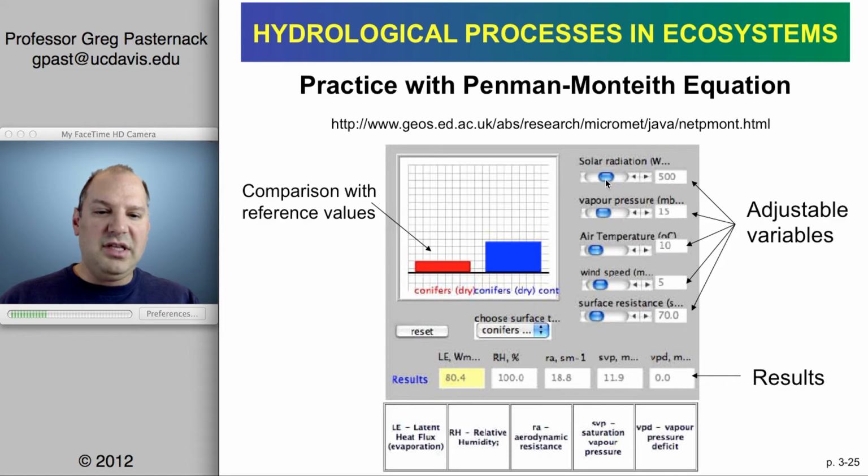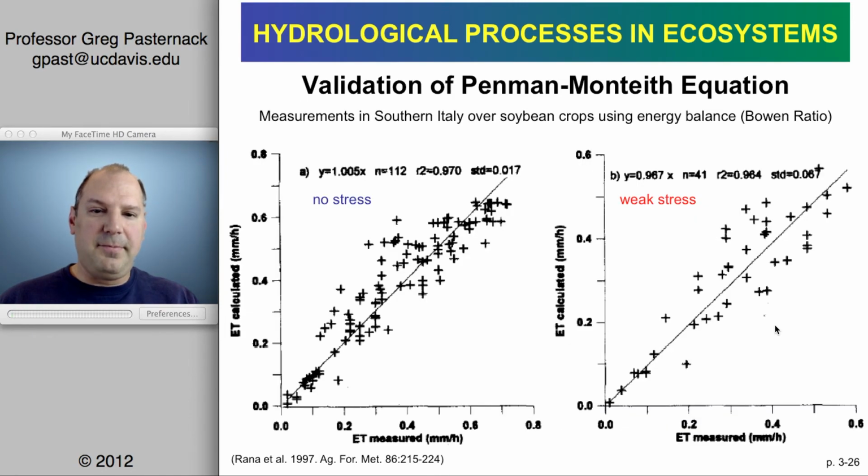When you do that, you can set values for the different variables and then see how the evaporation energy changes using the Penman-Monteith equation. So this allows you to just change individual variables using the sliders and see what happens. So I encourage you to do that as an activity.